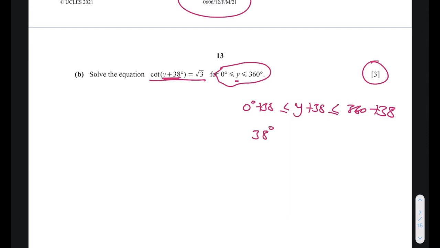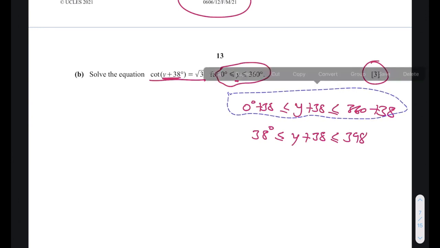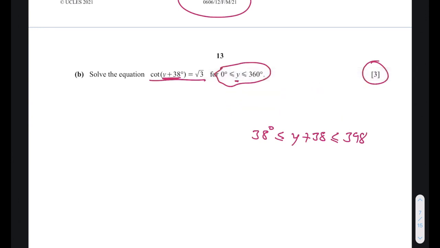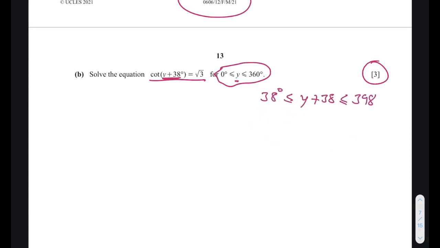So this will be 38 degrees, and you have y plus 38. And then, is that not 398 or something like that? 360 plus 38, yeah, 398. Okay, so actually we have to clean this one. So what you really want to work with is this. That's what you are working with.